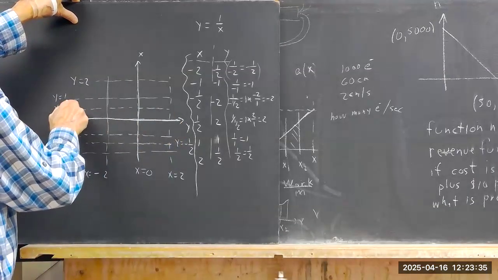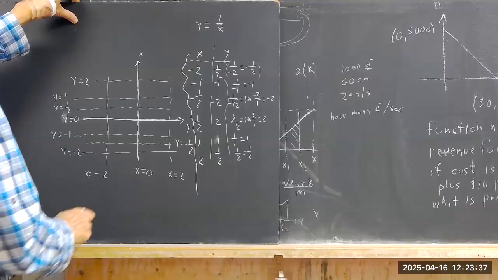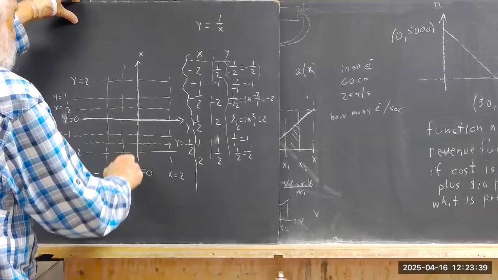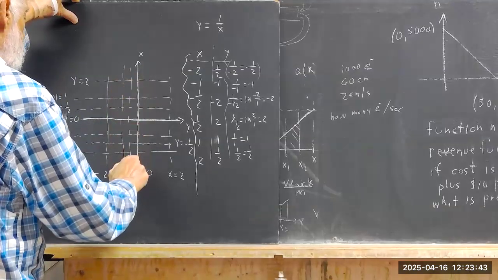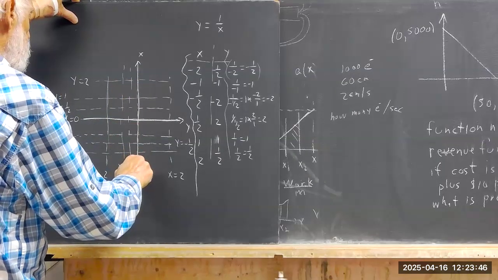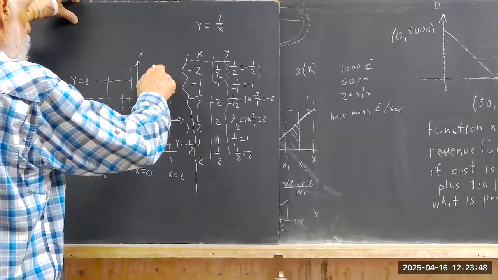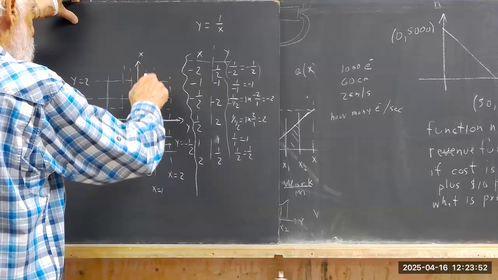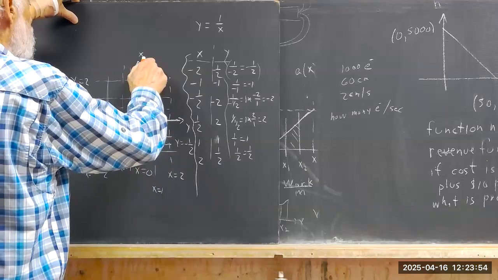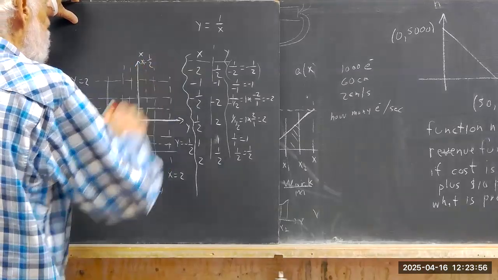And here is y equals one half. And then I've got x equals negative one. Not doing this very accurately. And x equals negative one half. And x equals one. And x equals one half.